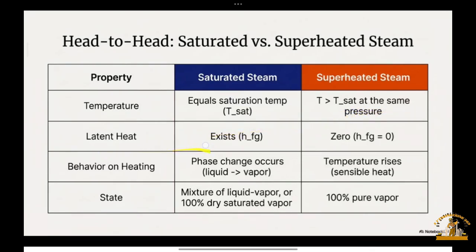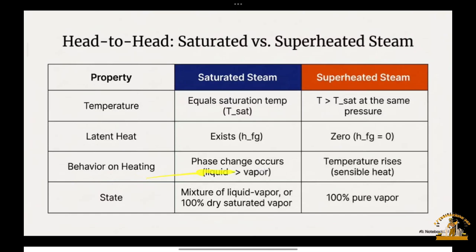Latent heat exists as hfg, where fg means fluid to gas. In superheated steam, hfg, the enthalpy of vaporization, equals 0, because there is no fluid remaining, it's only gas.